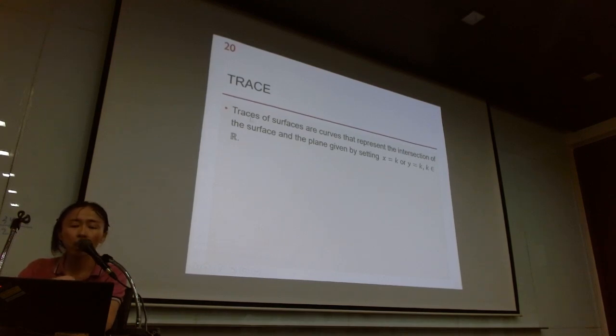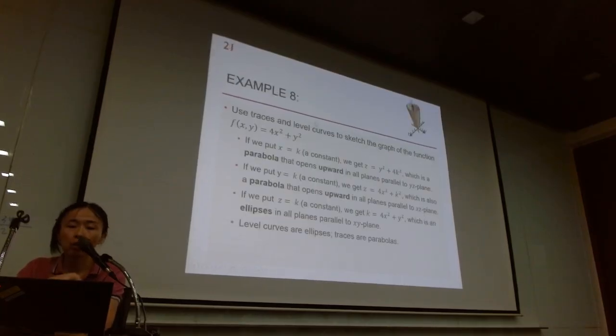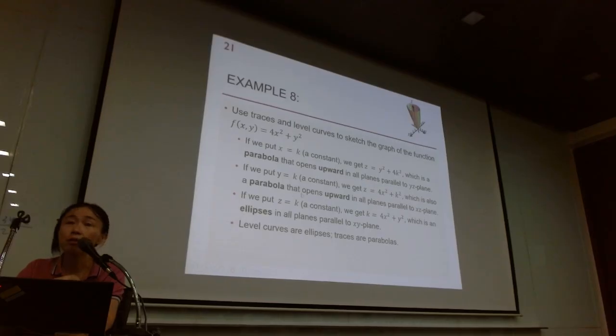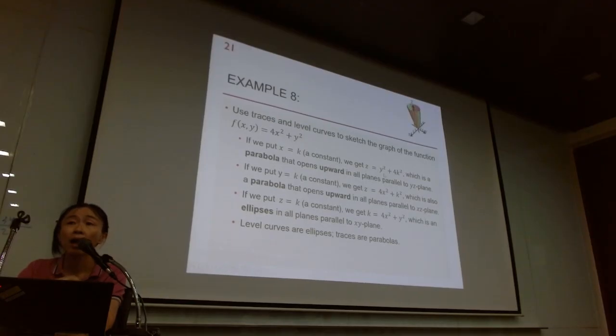Then we have another one called trace. The trace of a surface is given by x equal to k or y equal to k. So when it's not z fixed, it's x or y fixed. What I will show is that we can show when x or y is fixed. You use the same equation, small f. Indeed you can say f of x equal to z. This equation shows the relationship between z and y.